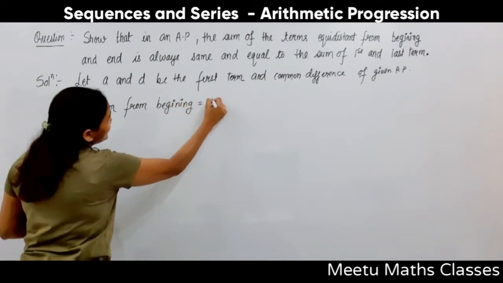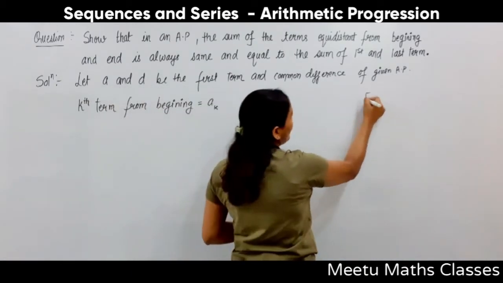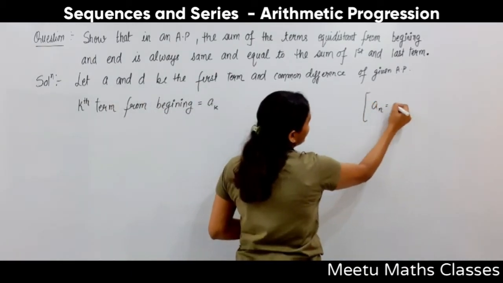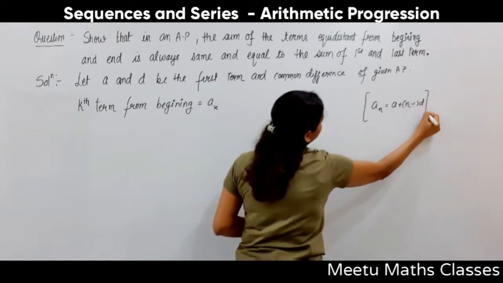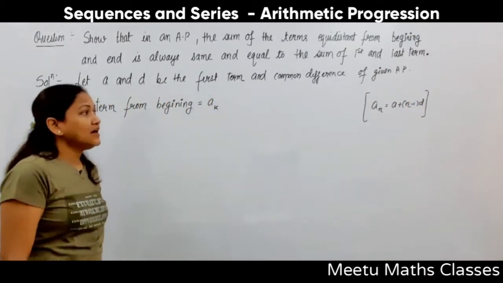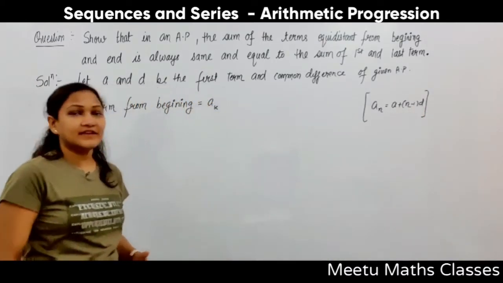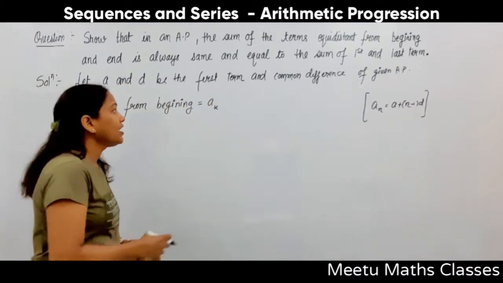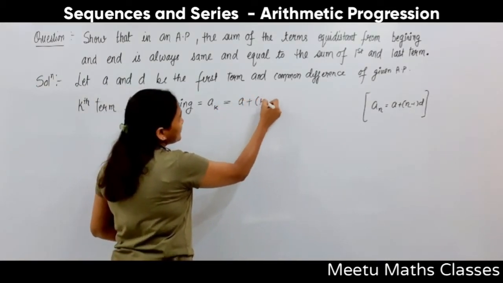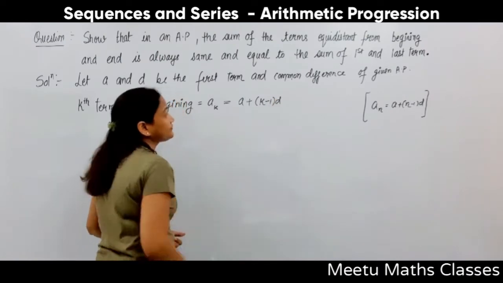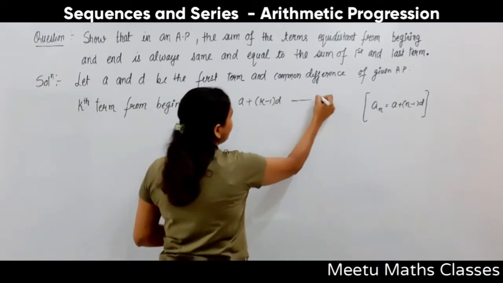Kth term from beginning will be a_k, and the formula for nth term of an AP is a plus n minus 1 d. By using this formula, अगर आप फर्स्ट टर्म में n minus 1 times common difference add करते हैं, you will get the nth term. So kth term will be equal to a plus k minus 1 d, and this is the kth term from beginning.